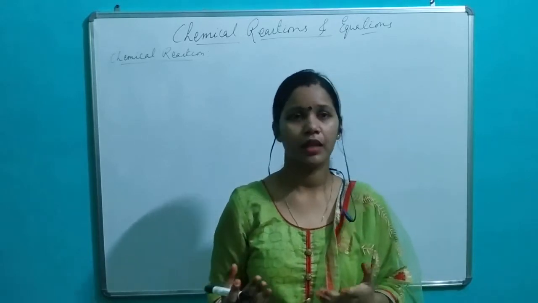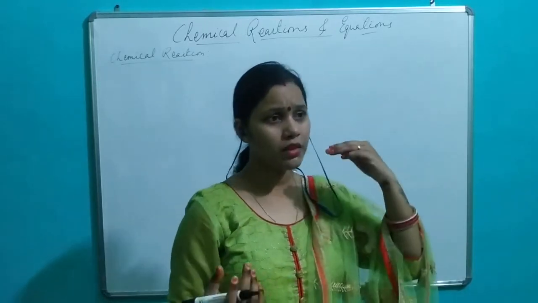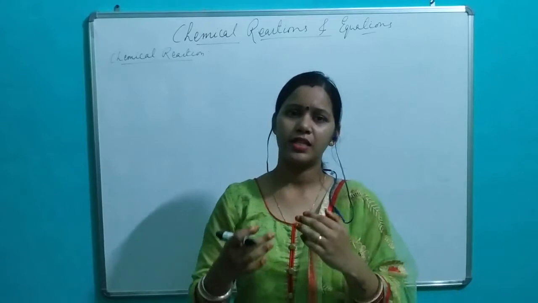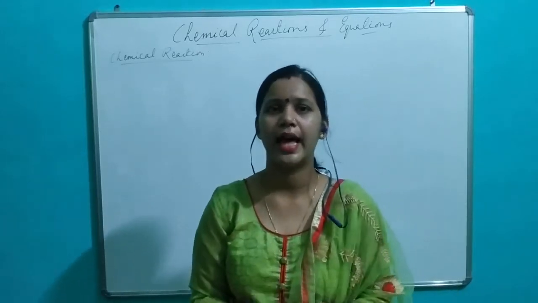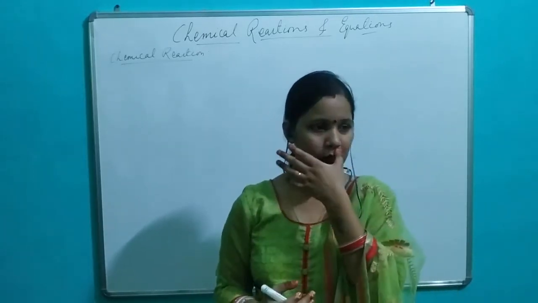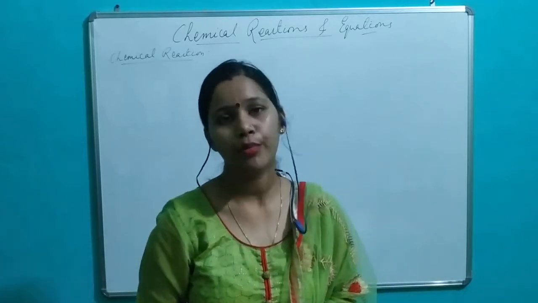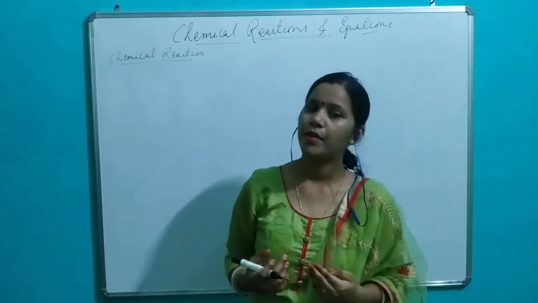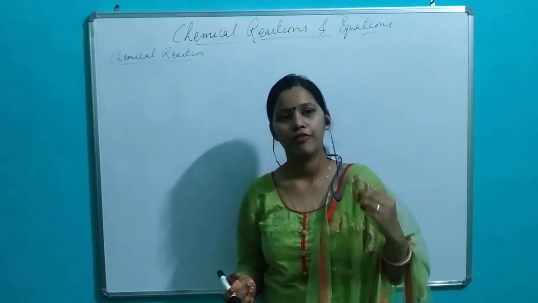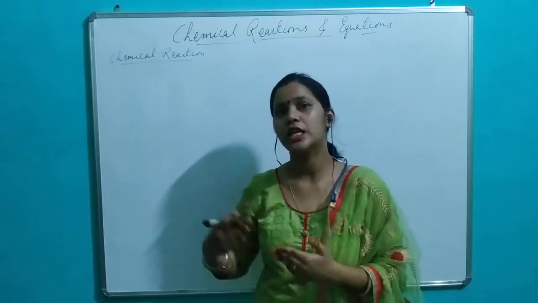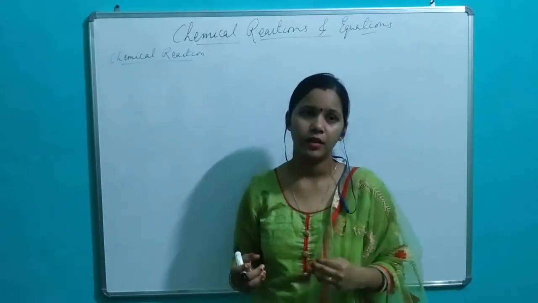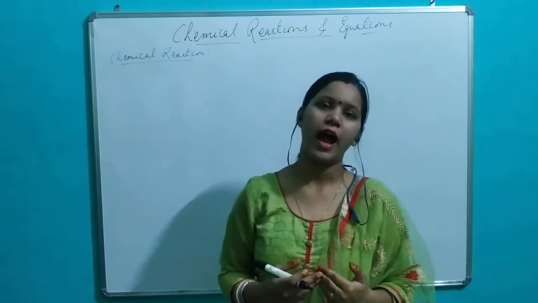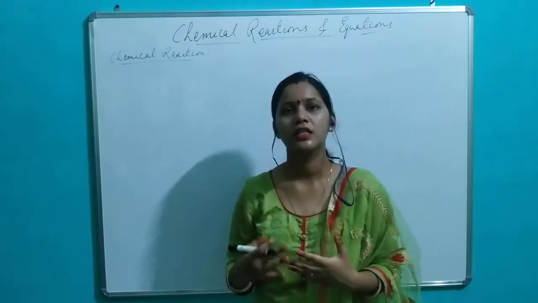So this happens in a chemical reaction. The product that is formed has entirely different properties than the reactant. Now, what is a reactant and what is a product? During a chemical reaction, atoms of one element do not change into another element. Rather, a rearrangement of atoms takes place.